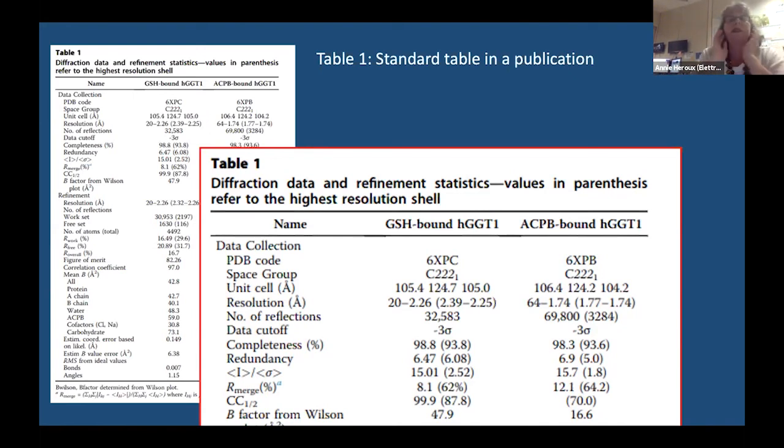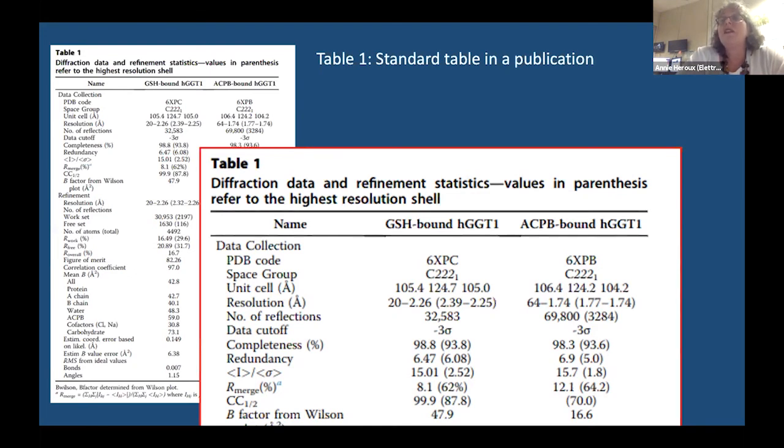And in table 1, this is where you're going to get all the information that you need to make sure that the model they have is actually relevant to what they're trying to address. It is a tiny bit obsolete at this point, because all you really need is the PDB code access.